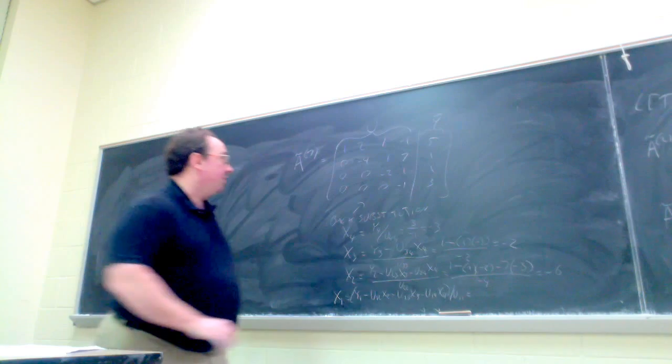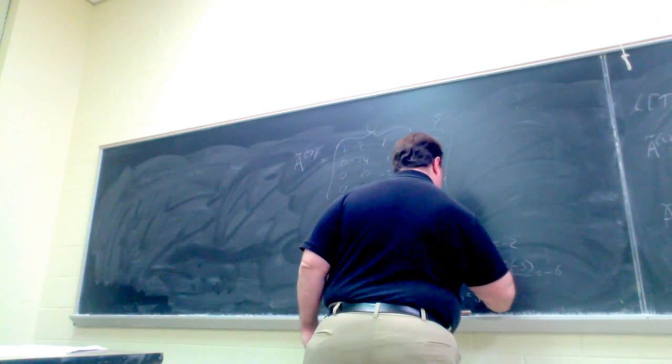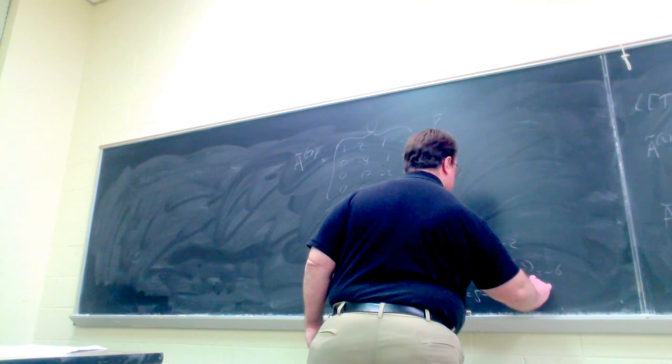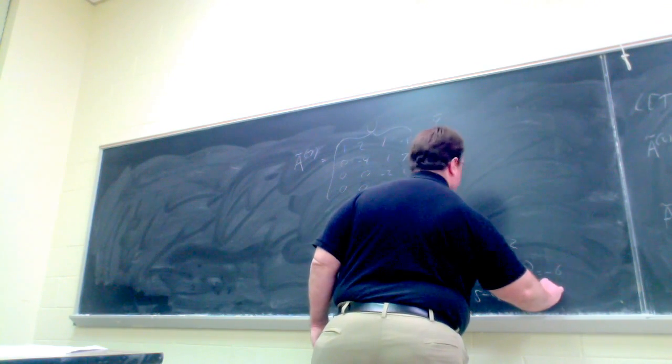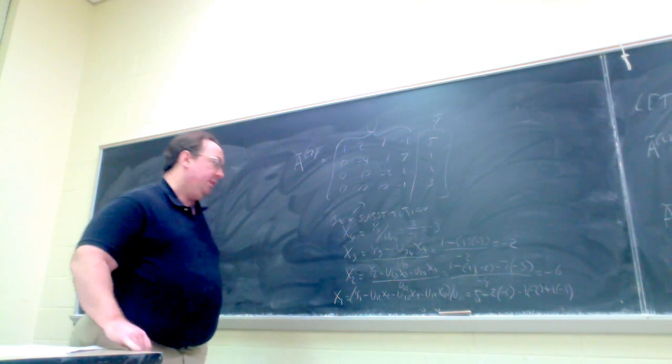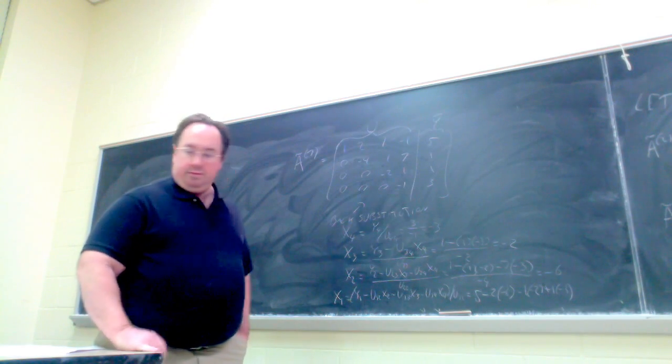And so we get 5 minus 2 times minus 6 minus 1 times minus 2 plus 1 times minus 3. Okay. And that's 60.